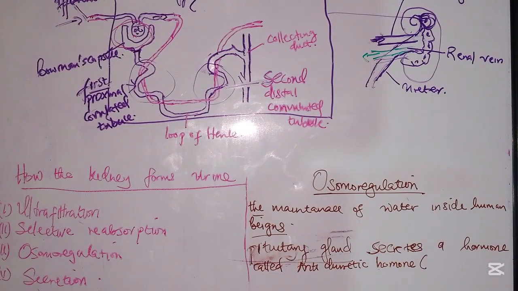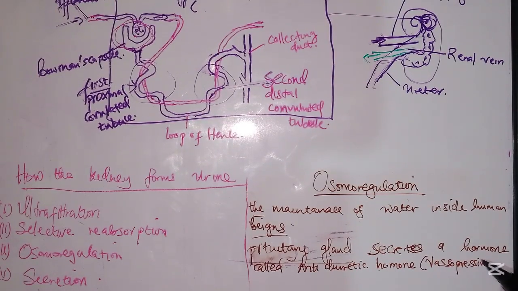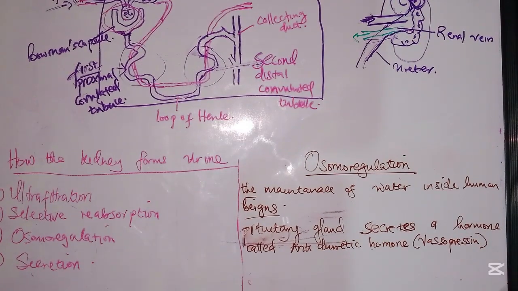Or so this hormone, sometimes they may not bring antidiuretic, they may also bring what? Vasopressin. So don't get confused when they bring the word vasopressin. So vasopressin and antidiuretic hormone are one and the same thing.